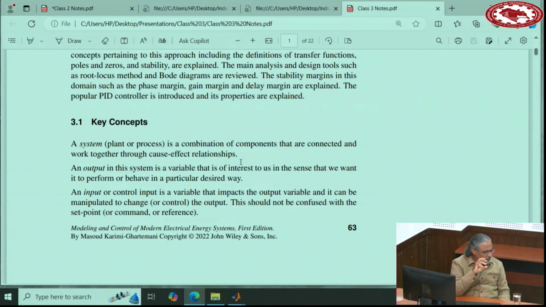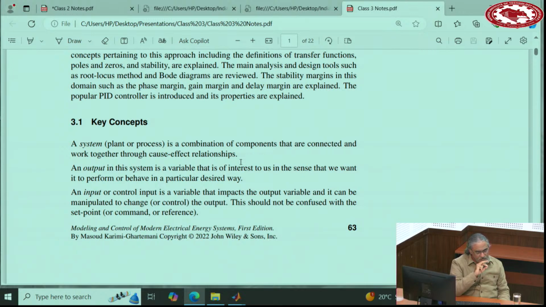Output is the particular variable in that system that you are interested in. If it's a converter connected to the grid, you want to control the power or current, that's the variable. If it's connected to a load, you want to control the voltage across the load. If it's connected to a PV panel, you want to control the voltage across the PV panel, that's the output. So output is the variable that you want to control.